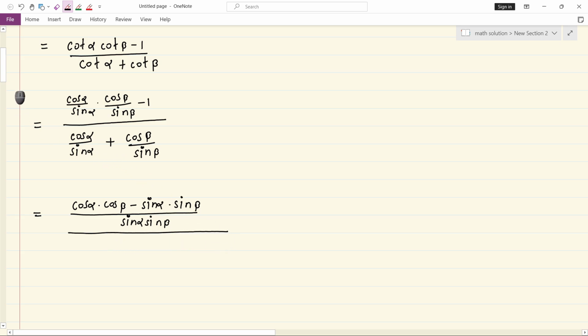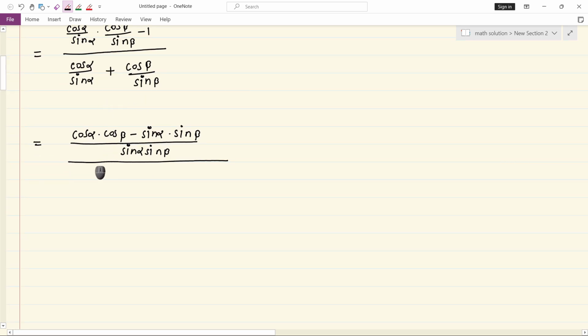Similarly in the denominator also we will solve the same way, taking LCM: cos alpha sin beta plus cos beta sin alpha, over sin alpha sin beta. Nothing complex here, it is just a solution of fraction by taking LCM.